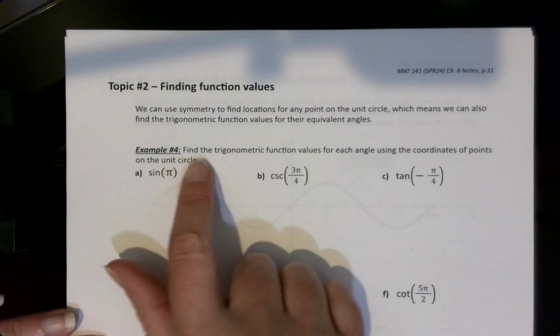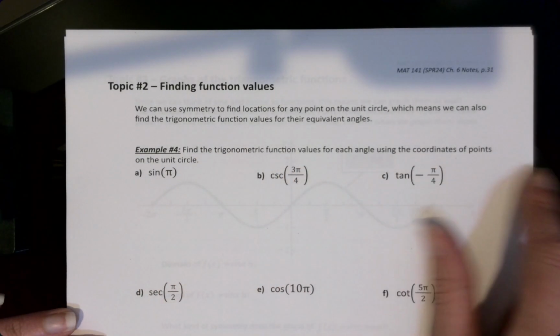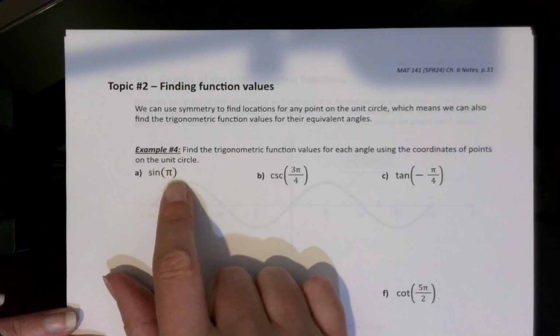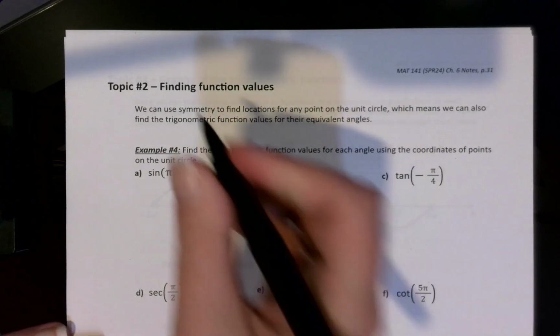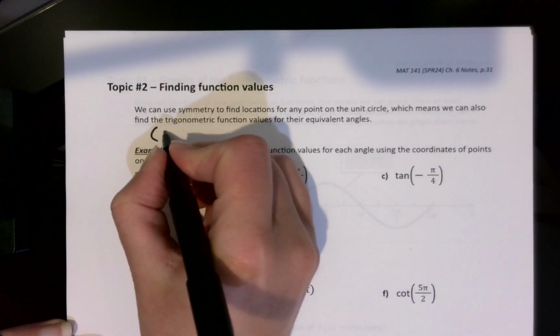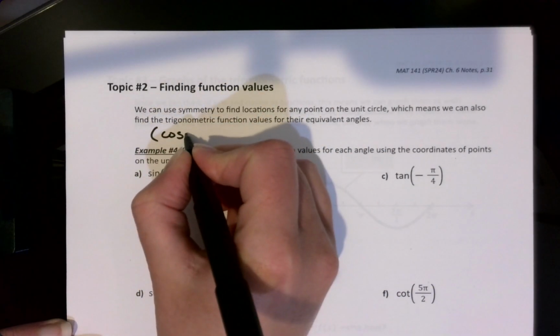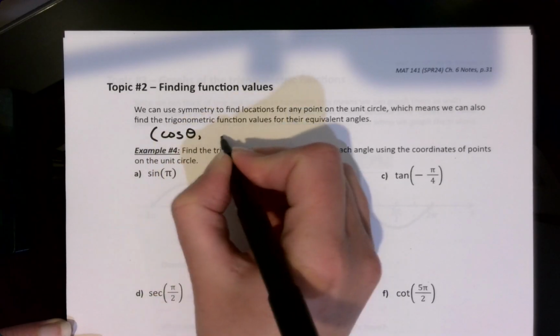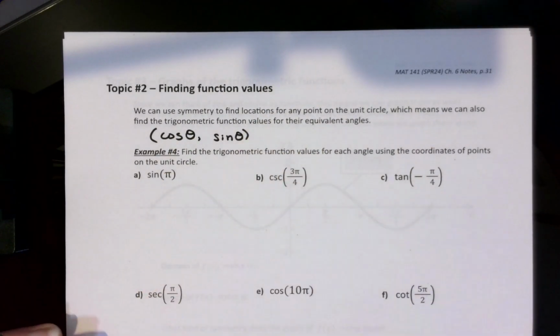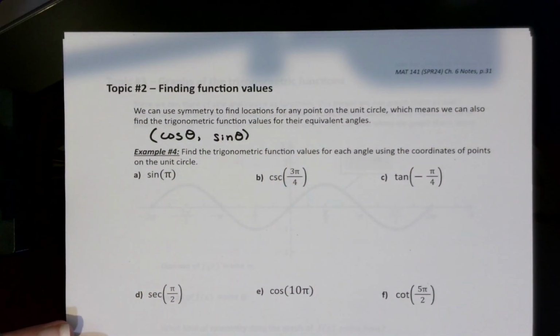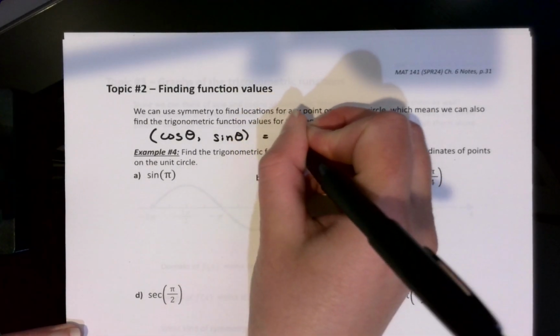So we want to find trigonometric function values for each of the following using coordinates on the unit circle. We're going to remember once again that coordinates on the unit circle are of the form cosine of theta, comma, sine of theta. The cosine value is the x-coordinate and the sine value is the y-coordinate.